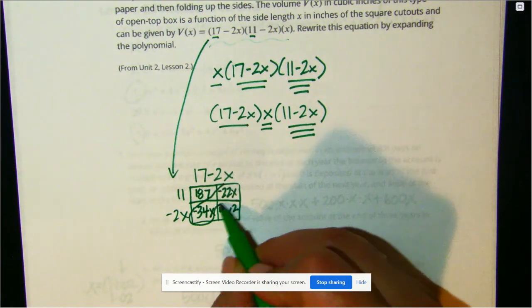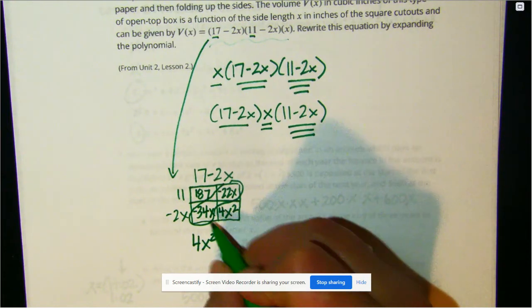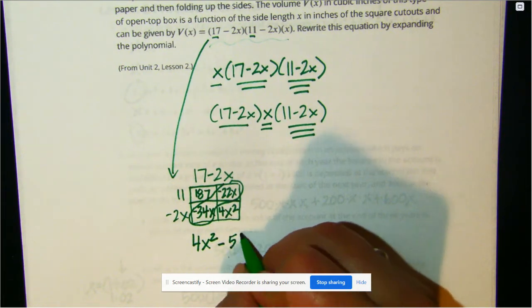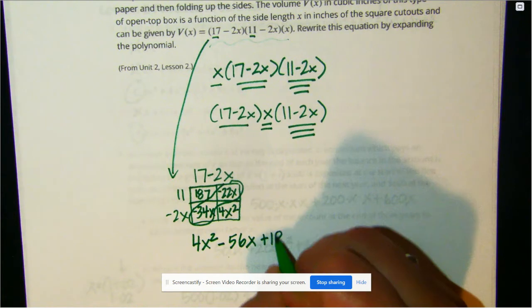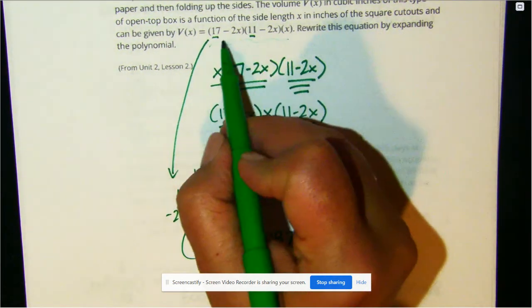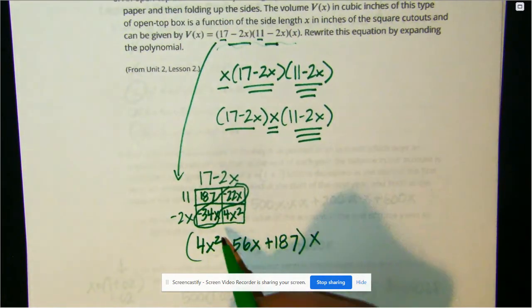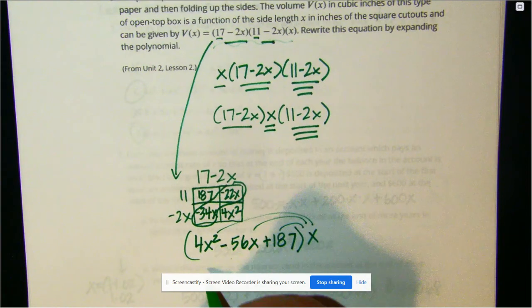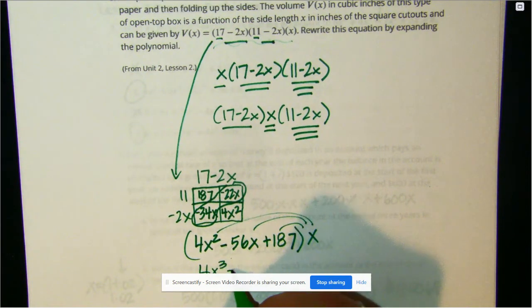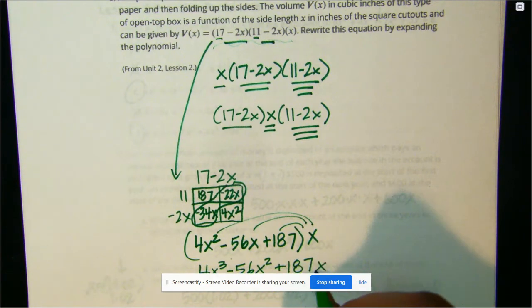These two can get put together, so I have 4x squared minus 56x plus 187. Now I still have to times that whole thing, right? We did these two. Now I got to times this whole thing by x. So each of those, so 4x to the third minus 56x squared plus 187x.